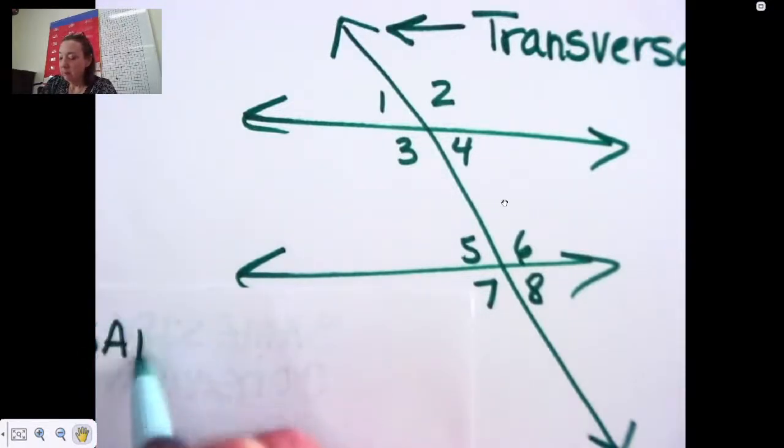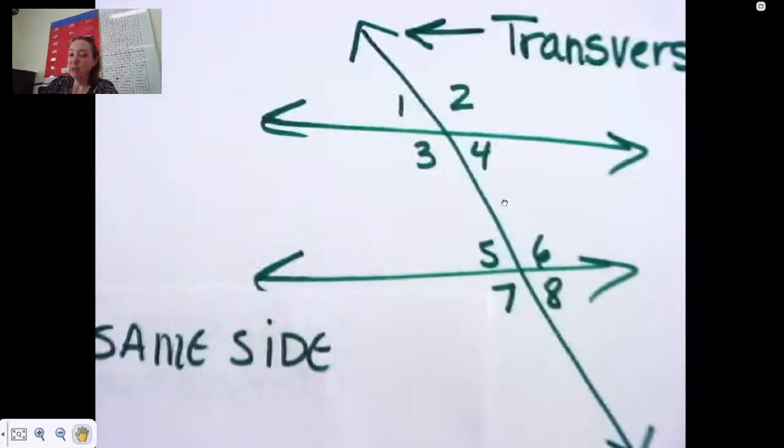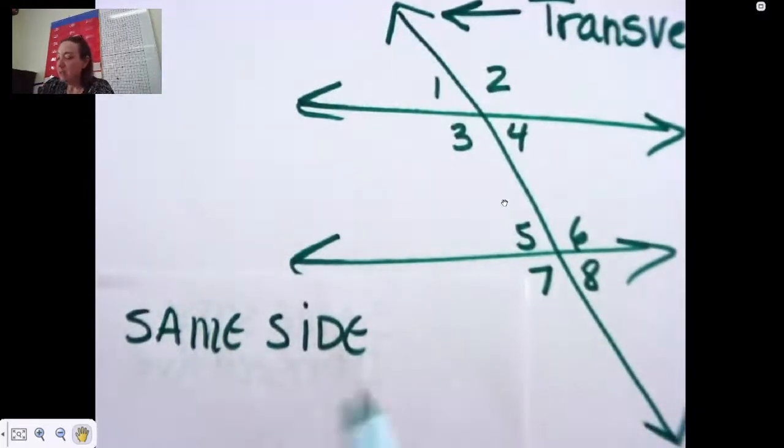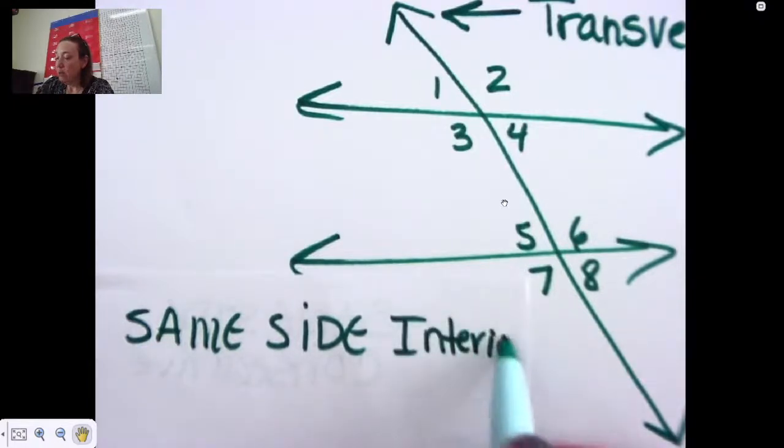same side or consecutive. Remember, it's same side or consecutive. Same side interior angles. So same side interior. That means they are on the same side of the transversal, but inside those parallel lines.